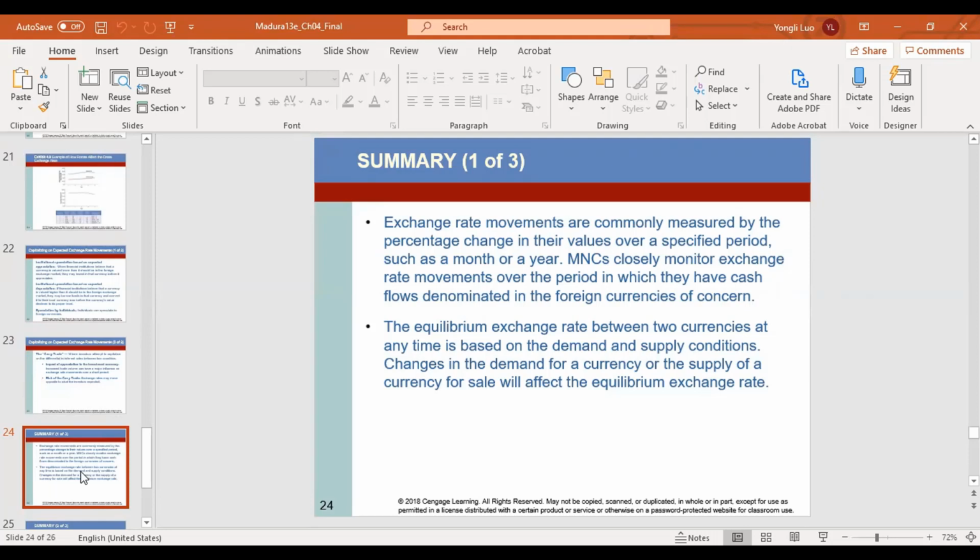The equilibrium exchange rate between two currencies at any time is based on the demand and supply conditions. Changes in the demand for a currency or the supply of a currency for sale will affect the equilibrium exchange rate.